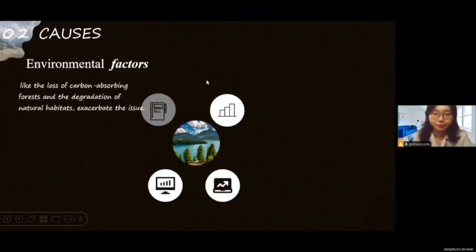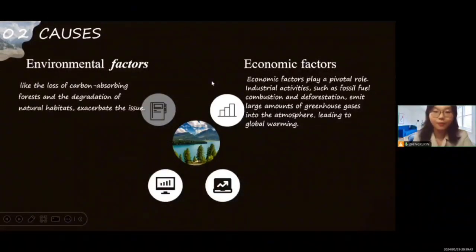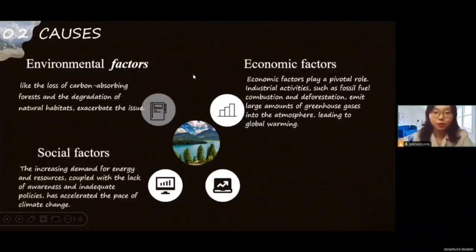Secondly, economic factors play a vital role. Industrial activities such as fossil fuel combustion and deforestation emit large amounts of greenhouse gases into the atmosphere, leading to global warming. Thirdly, social factors.